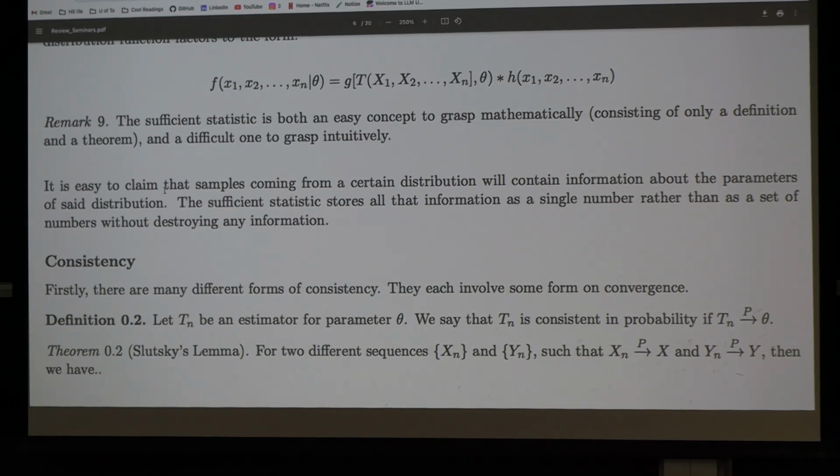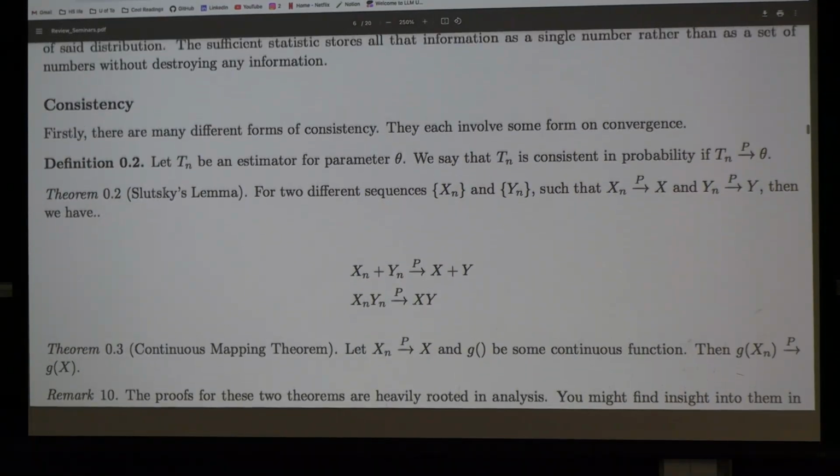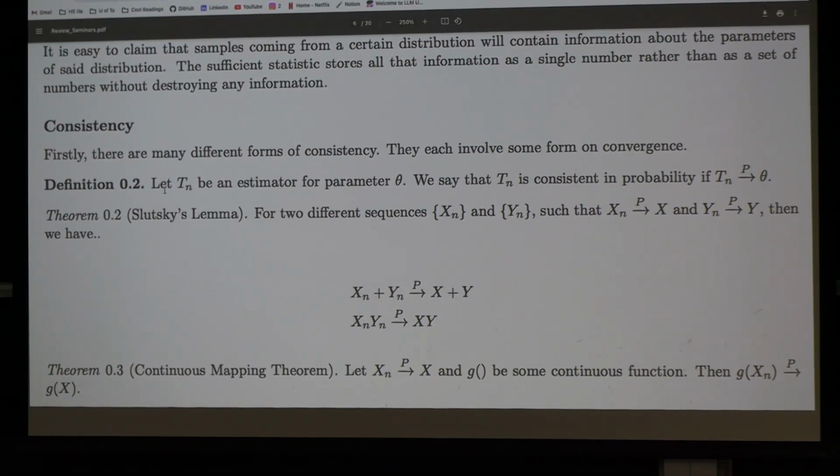So in that way, we can say that an estimator T is a consistent estimator in probability if T given n, n being the number of samples we're using to calculate T, converges in probability to our true parameter value as we increase n. Now, with this comes two lemmas, Slutsky's lemma and the continuous mapping theorem, which state that these are actually just regular results in analysis.